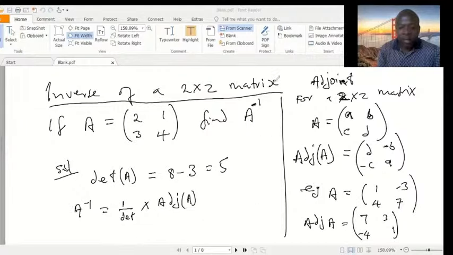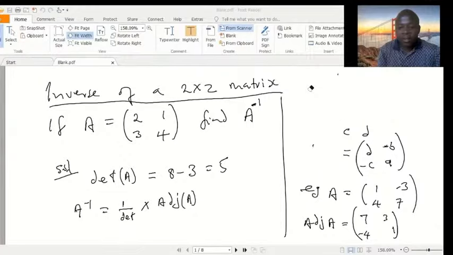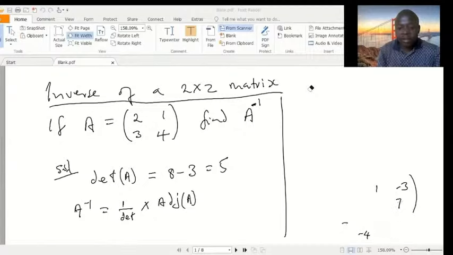So I've said here that to get the inverse of this matrix, I'll take 1 over determinant times the adjoint of A. You now know how to get the adjoint of A, and so let's get the inverse of this matrix.